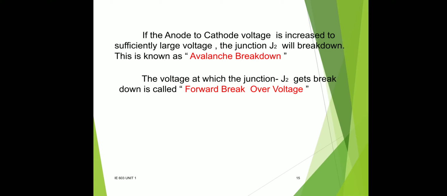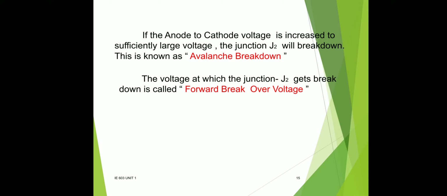That means when anode to cathode voltage is further increased, even though the gate is open, the J2 junction will break due to the avalanche breakdown. That is called forward breakover voltage. What is forward breakover voltage?